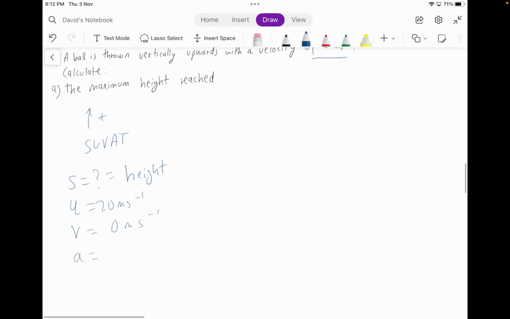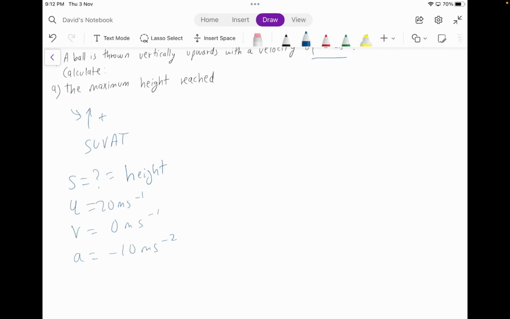Acceleration is going to be taken as negative 10 meters per second squared. You can take negative 9.81, that's also alright, but in this case I'm just going to use negative 10. The minus sign is very necessary because the upwards direction has been taken to be positive, so we have to make the acceleration due to gravity negative.